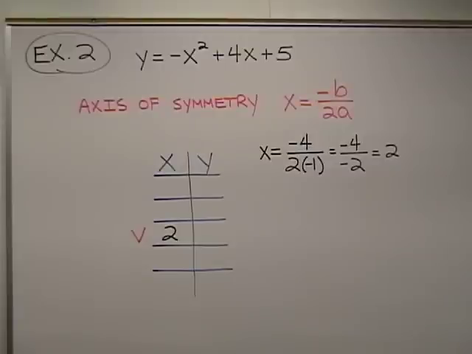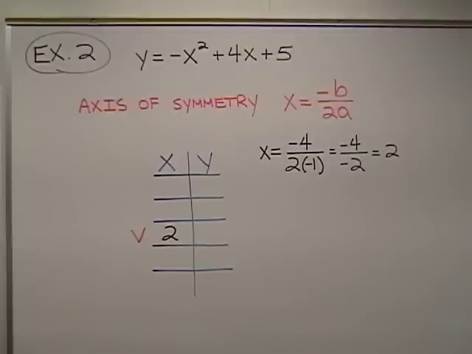Okay, so now let's find the x-coordinate of the vertex, because that's where we always have to start when we're graphing a parabola. So we go back to our axis of symmetry equation, x equals negative b over 2a, and we take a look at our new problem. Well, it looks like the b, the coefficient of x, is going to be 4, so we put 4 in place of b.